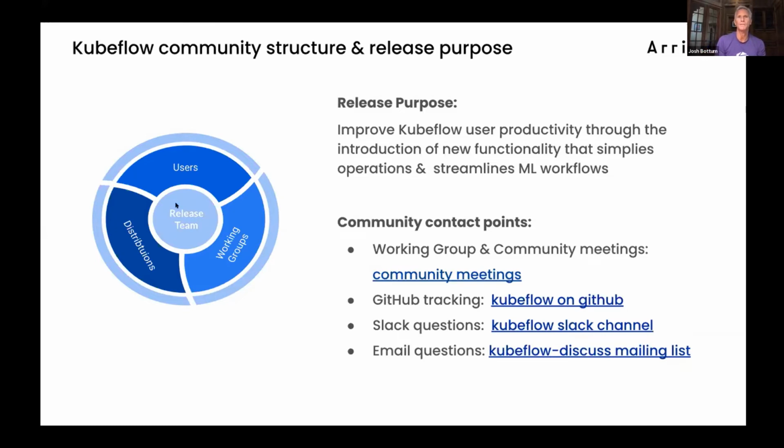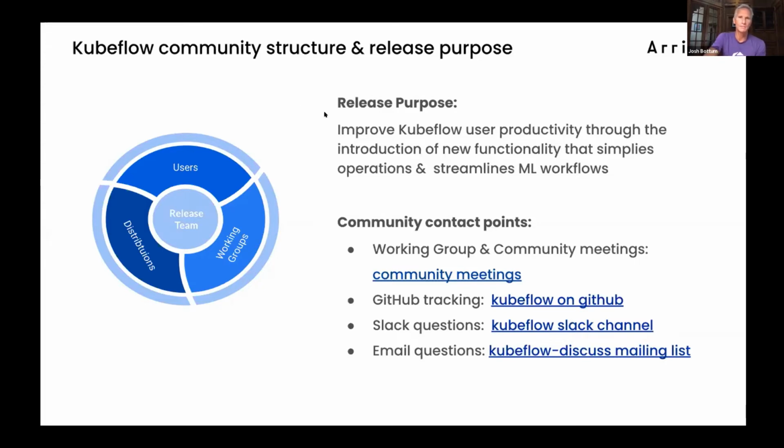New in 1.4 is both a handbook and a release team. The release team really works as the glue between all of these different communities, gathering requirements from users, talking to the working groups who are the code contributors, making sure the distribution teams are ready to support what's needed in the field.